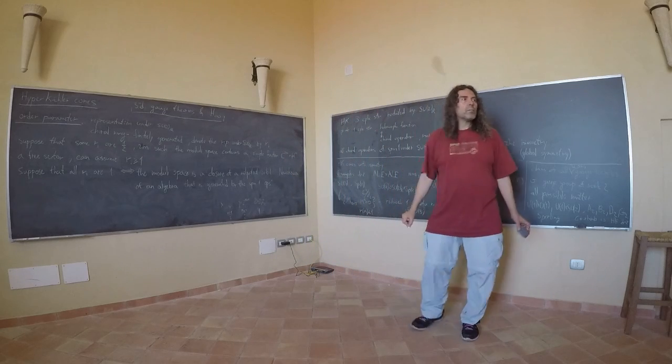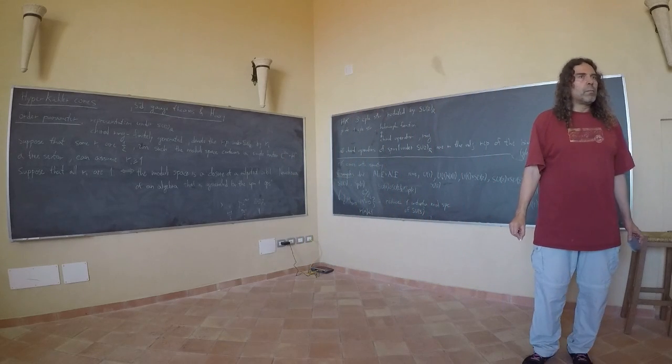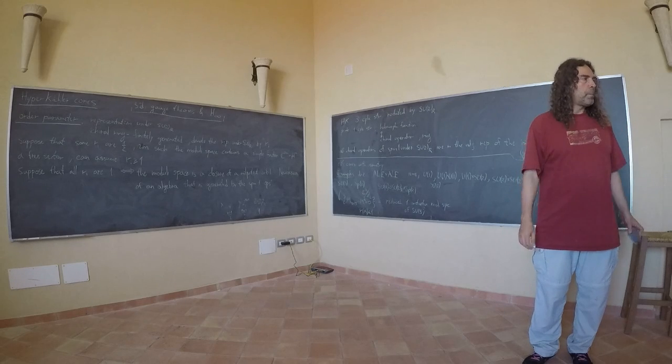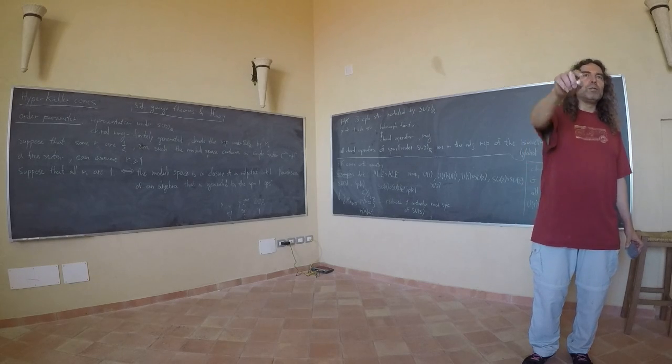It's not just any algebra, it's reductive. It's the assumption, no? It could be a reductive algebra. That is to say, it has an invertible invariant form. Yeah, so that's related to this question.